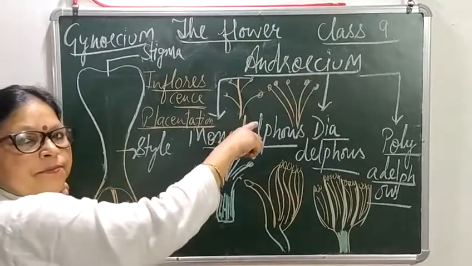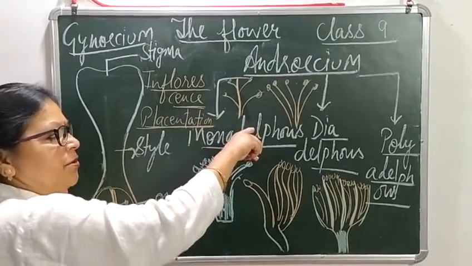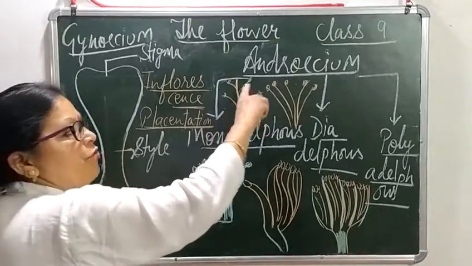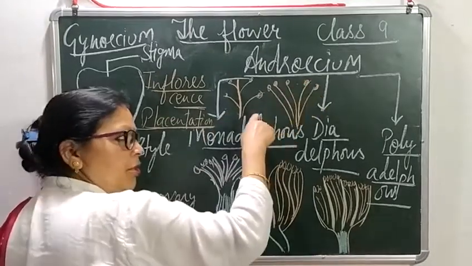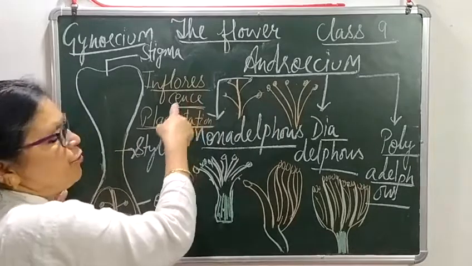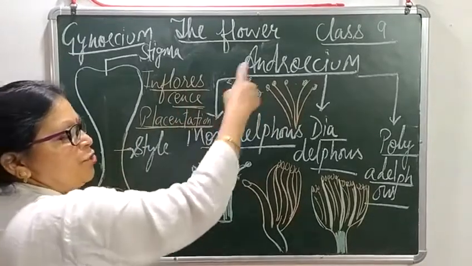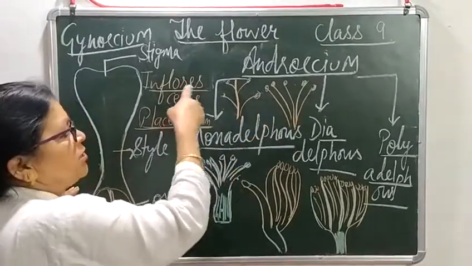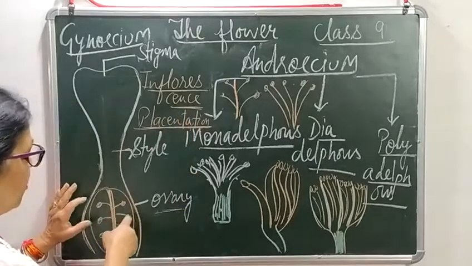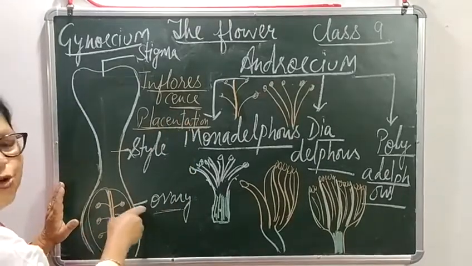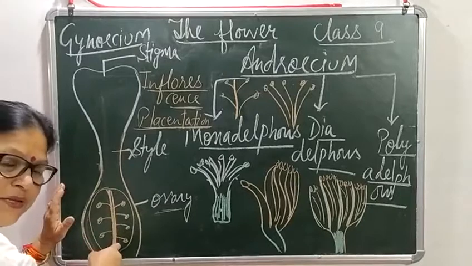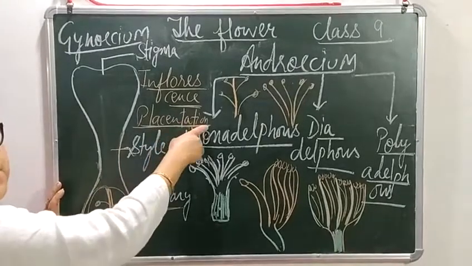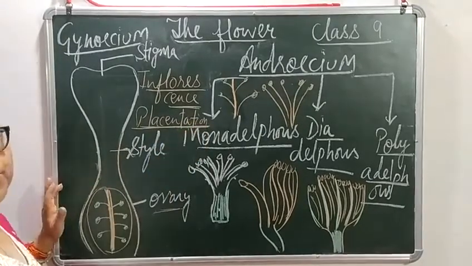This manner of arrangement of these flowers on a plant is known as inflorescence. So, arrangement of flower is known as inflorescence, and attachment of these ovules to the placenta is known as placentation. Now, this is all about the chapter.